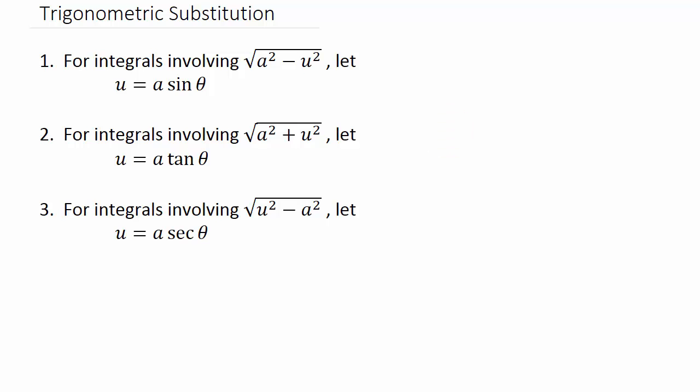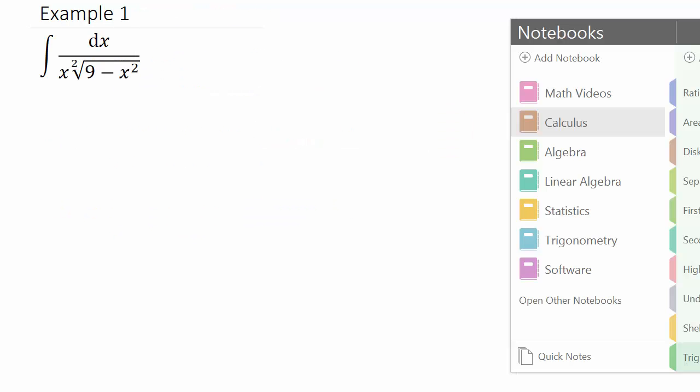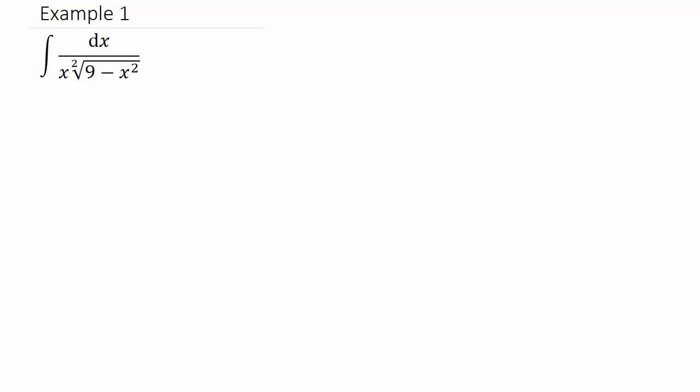Alright, so let's take a look at an example. We want to integrate dx over x squared times the square root of 9 minus x squared.